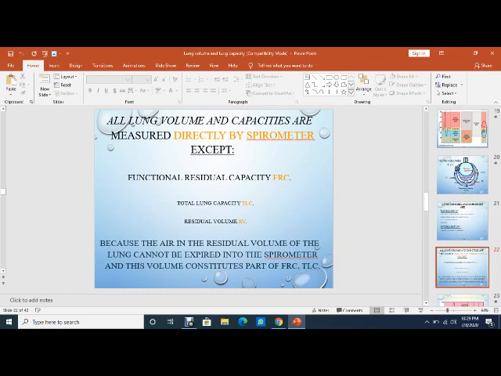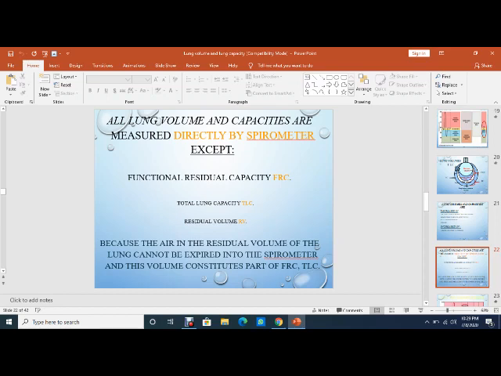All lung volumes and capacities are measured directly by spirometry, except you should know which volumes cannot be measured by spirometry: functional residual capacity, total lung capacity, and residual volume, because the air in the residual volume of the lungs cannot be expired into the spirometer, and this volume constitutes part of functional residual capacity and total lung capacity.